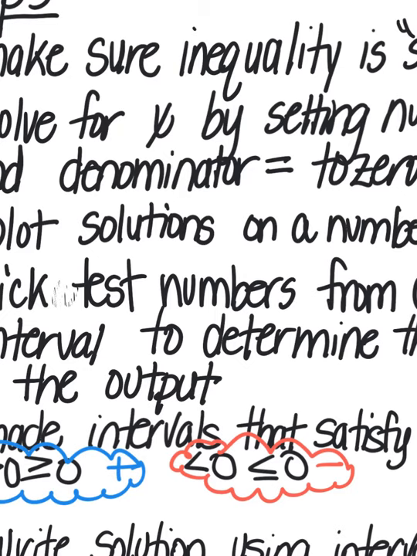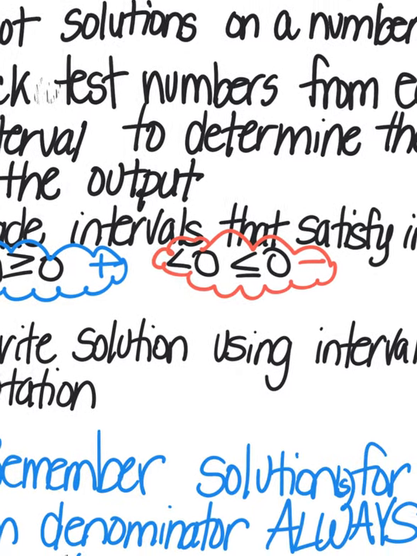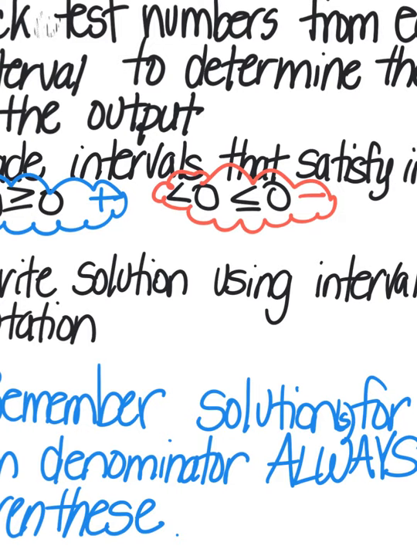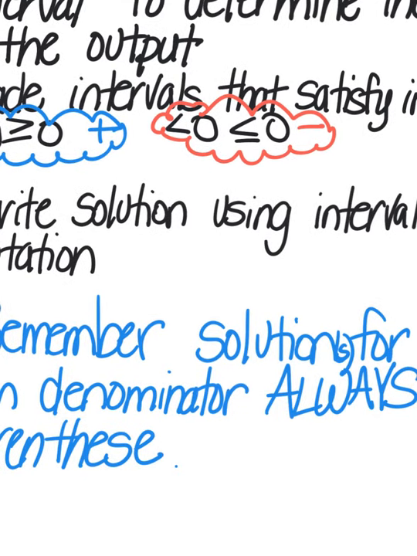So we're going to plug those back into the fraction, and you only worry about the sign. Step 5, shade intervals that satisfy the inequality. If it's greater than 0 or greater than or equal to 0, it's positive. If it's less than 0 or less than or equal to 0, you're looking for negatives. Write solution using interval notation. And then also remember solutions for x from the denominator always use a parentheses.